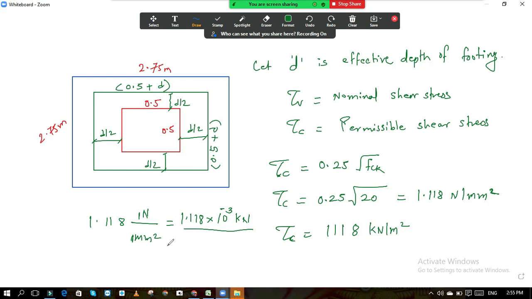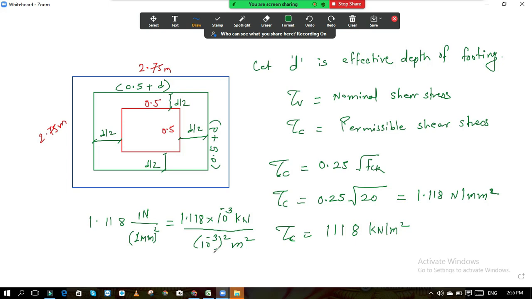This is nothing but 1 mm square, the same thing as Newton per mm square. So 1 mm is 10 raised to minus 3, and then the square of this, so the mm will get converted into meter square.